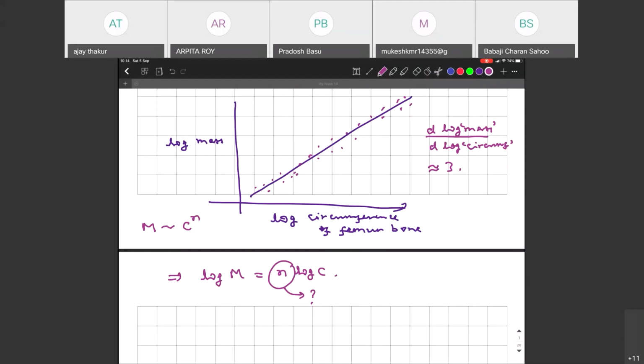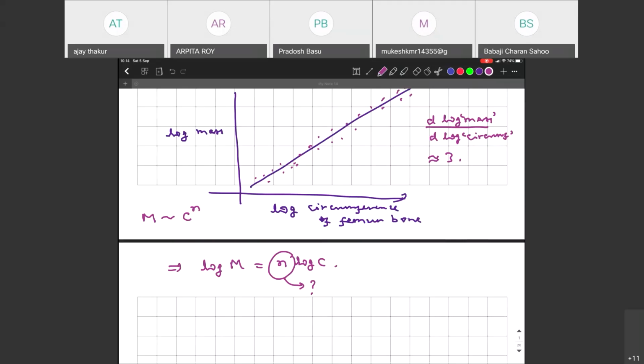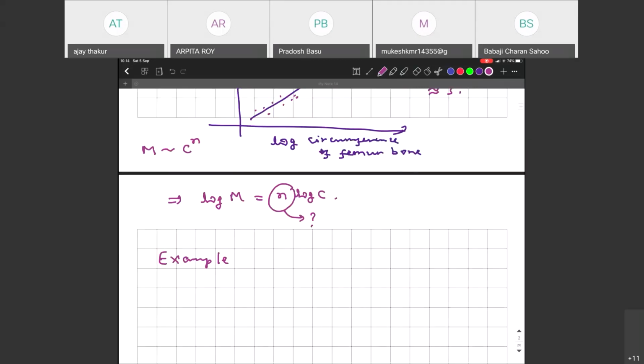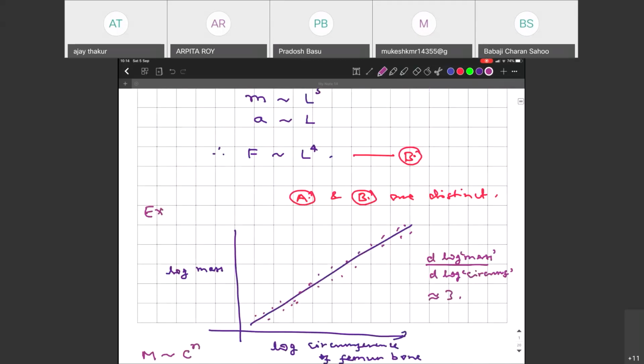So let's see example 1. Right, this was related to mass versus femur bone, right?